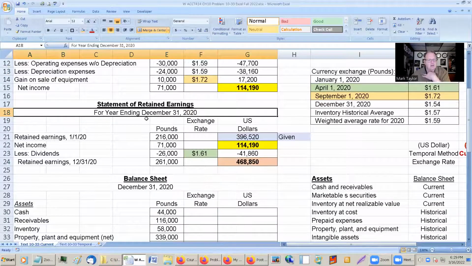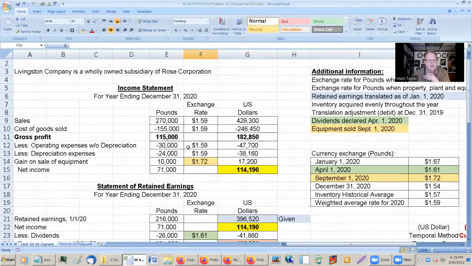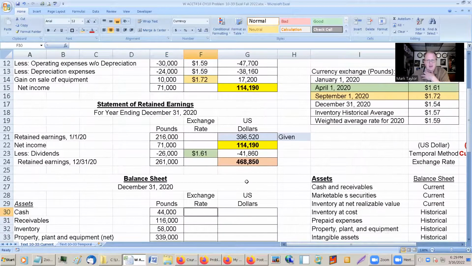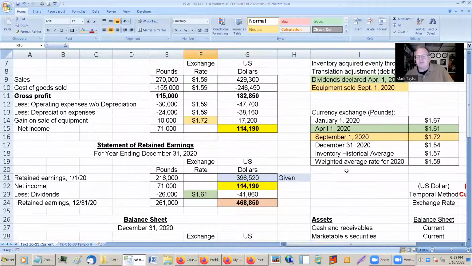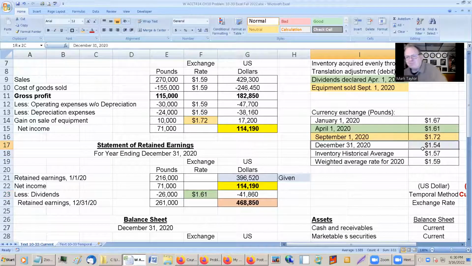Okay. Coming down here, now this is the current rate method, so this method is a little bit easier. What's the current rate at year end? $1.54. Yep, this is going to be the current rate at year end.